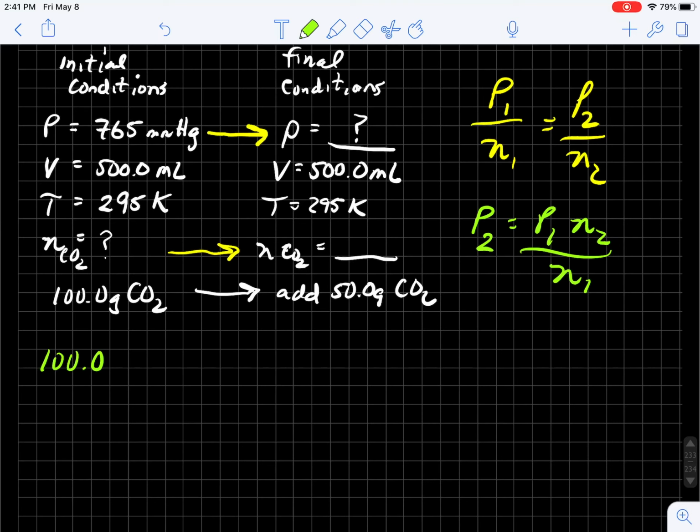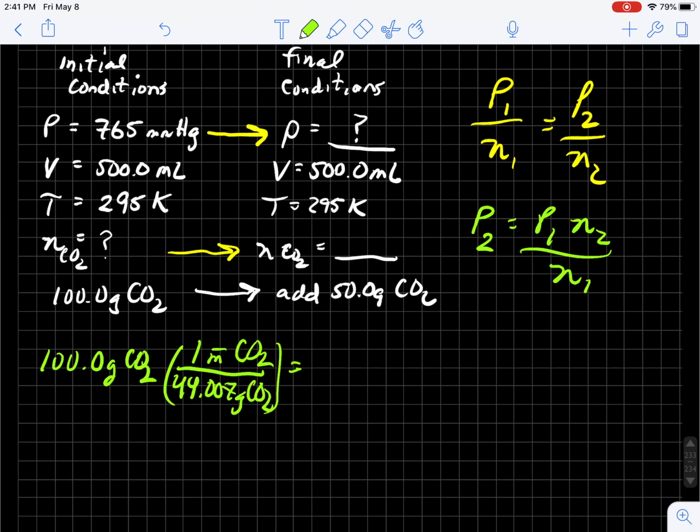But they weren't nice enough to give us the moles, so we're going to have to convert to get the moles. We start off with 100 grams of carbon dioxide. We look up the mass of carbon dioxide, and we convert it to moles of carbon dioxide.